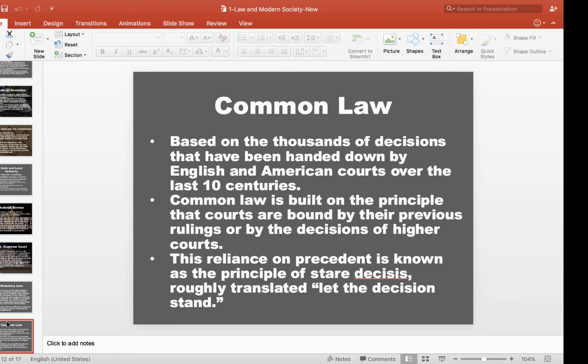It was the way that things were done. So the principle is that courts are bound by the previous rulings or by the decisions of a higher court. Okay? And this reliance on precedent is known as the principle of stare decisis, which basically means let the decision stand.